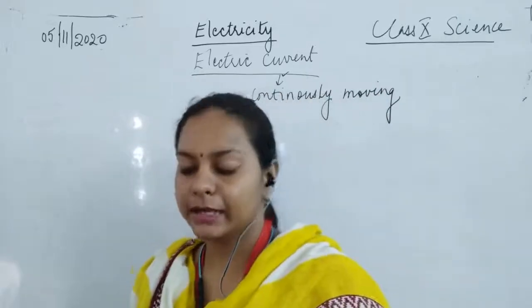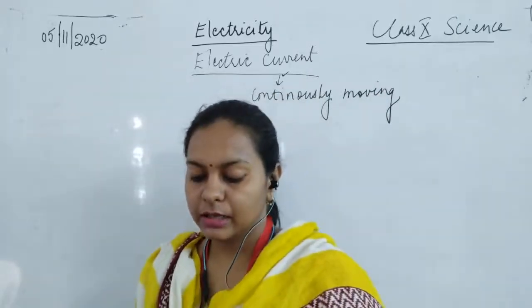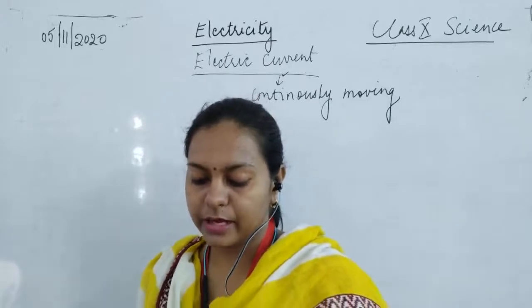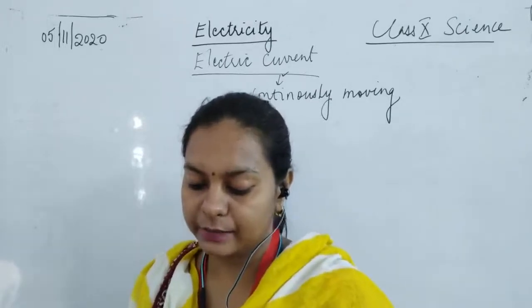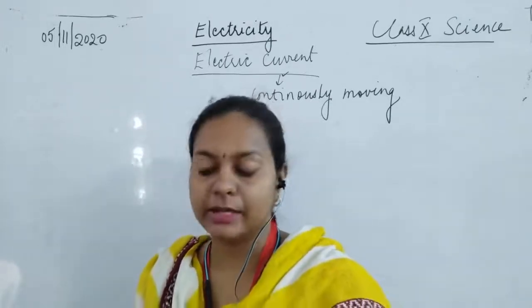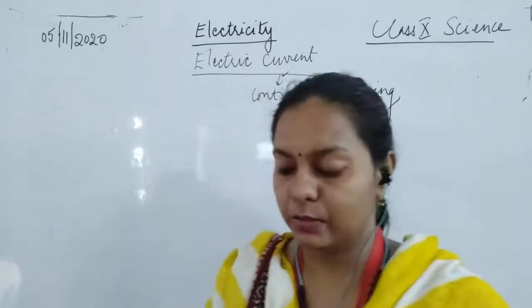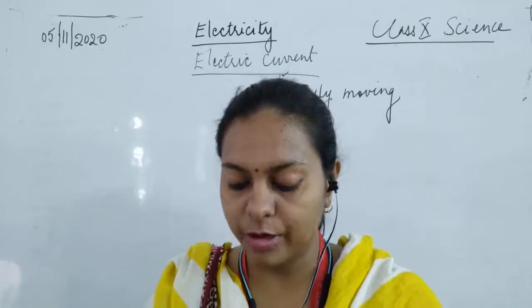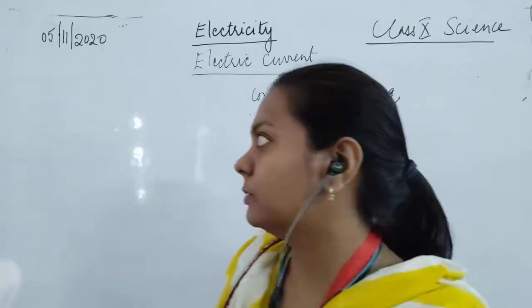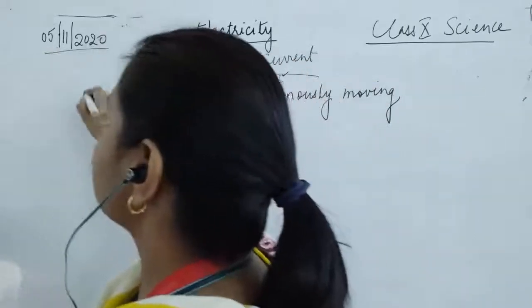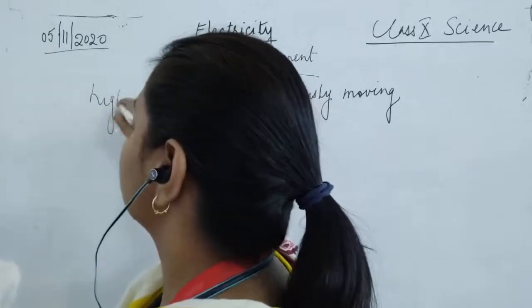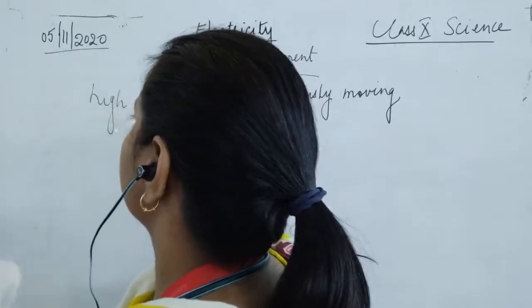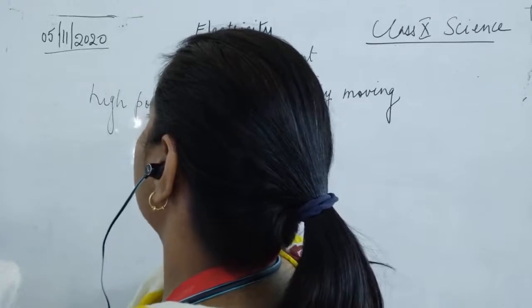When two charged bodies at different electric potentials are connected by a metallic wire, the electric charges will flow from the body of higher potential to the body of lower potential. So there are two types, high potential and low potential.